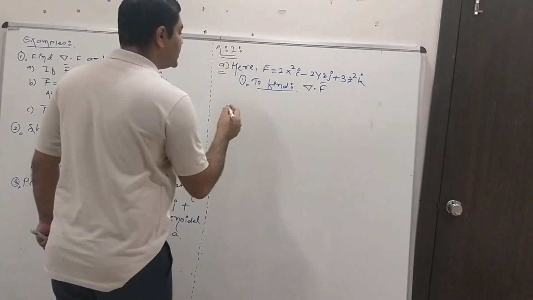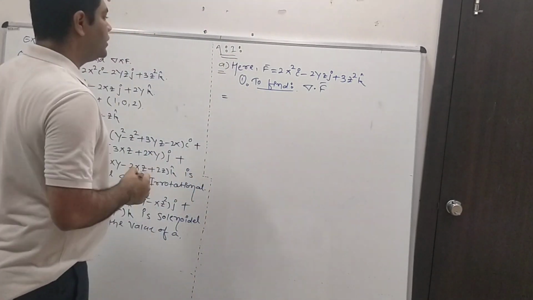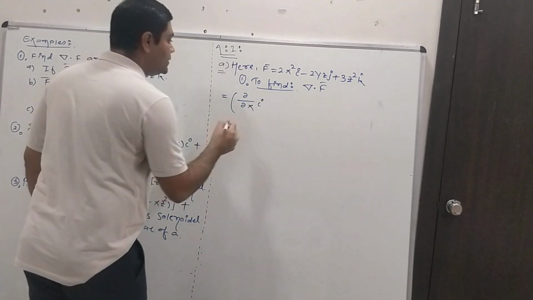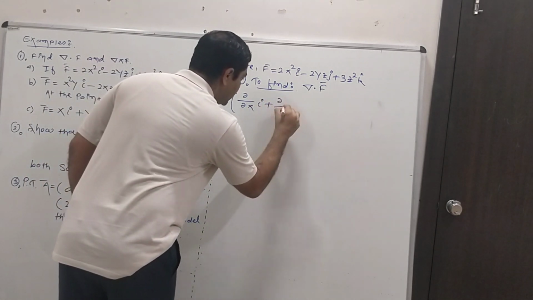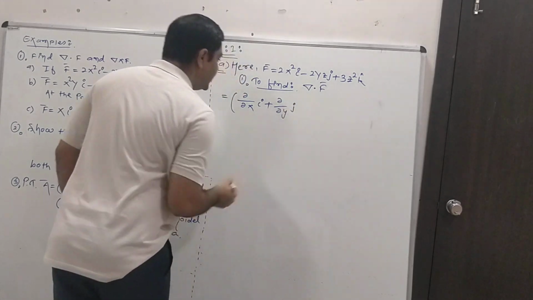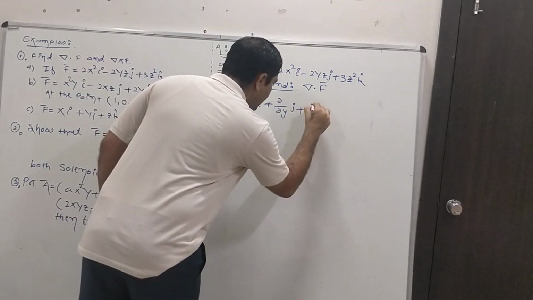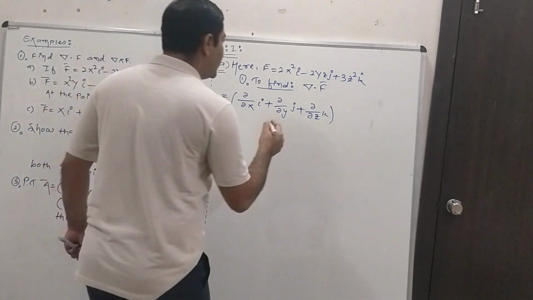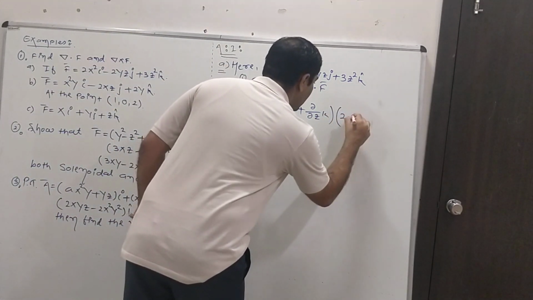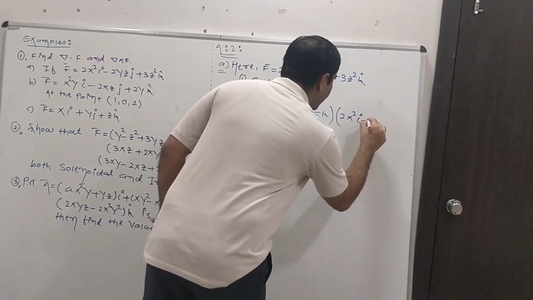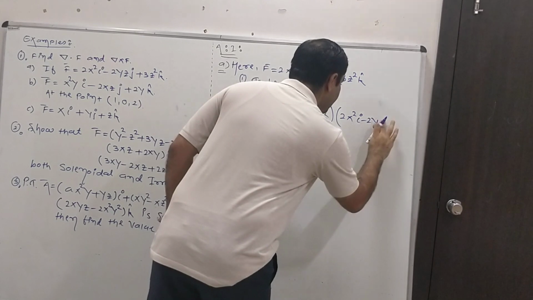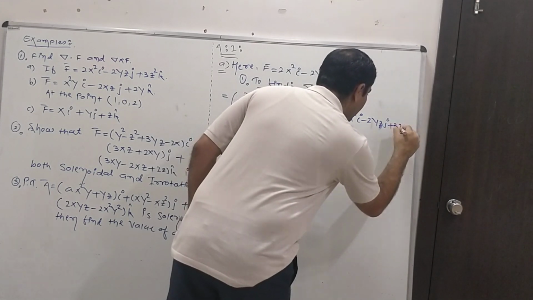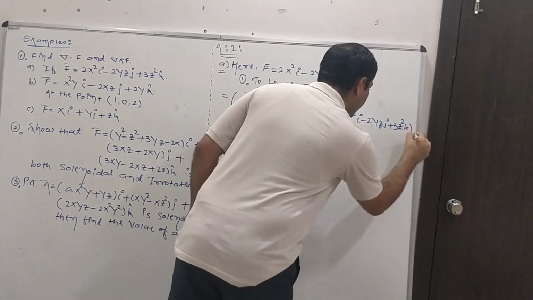So how we'll find del dot f bar? The formula of del dot f bar is del by del x i caret plus del by del y j caret plus del by del z k caret, and f we have given: 2x square i minus 2yz j plus 3z square k, students.